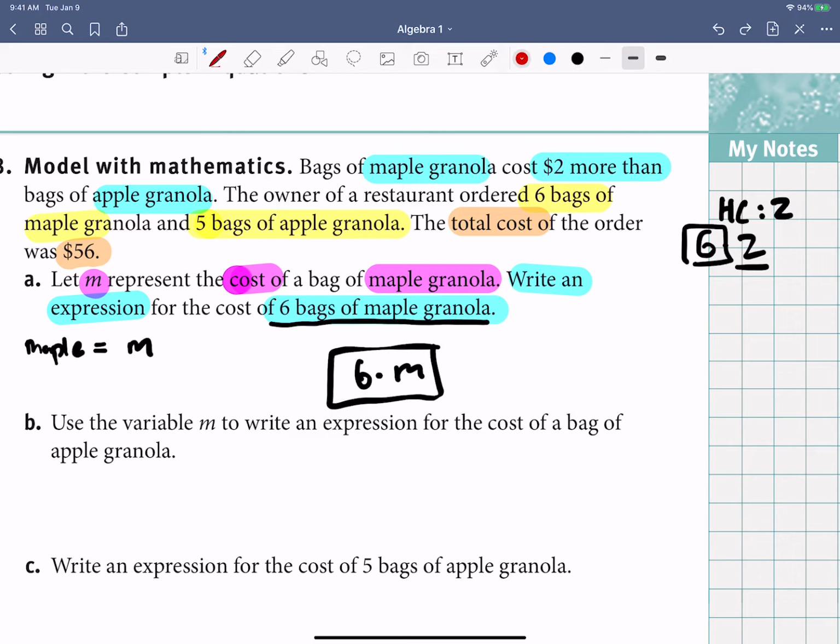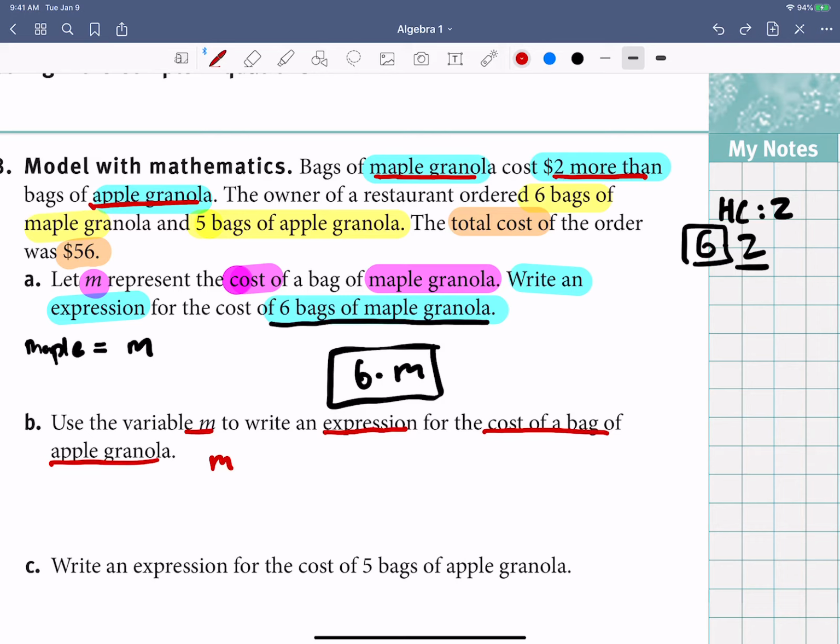And now it says here, use the variable M to write an expression for the cost of a bag of apple granola. All right, now if you remember, it says maple granola costs $2 more than apple, right? But we're trying to figure out what the apple granola is.